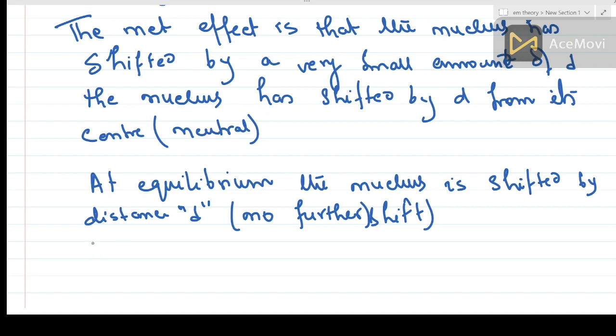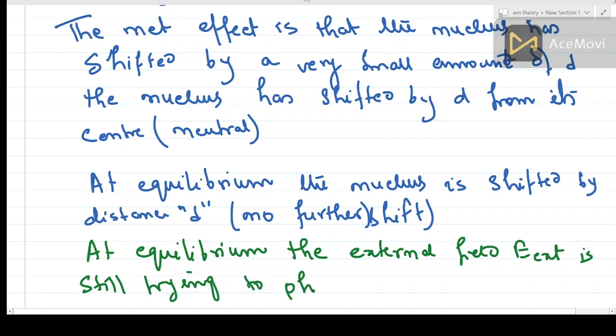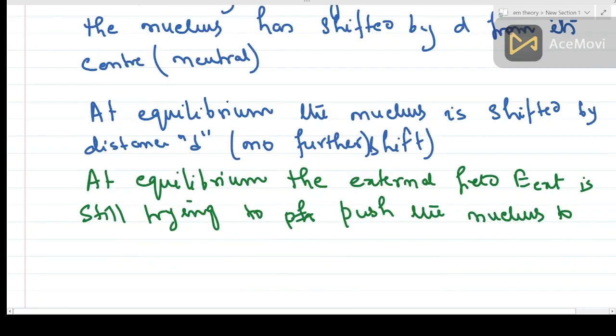At equilibrium, because you have not switched off the electric field source, the external field is still trying to push the nucleus to the right.